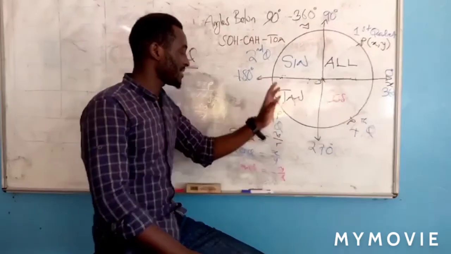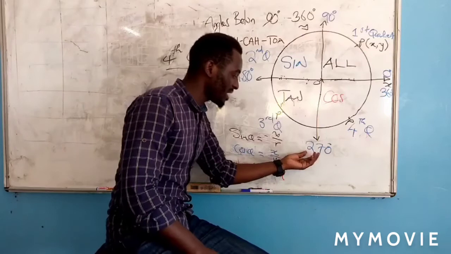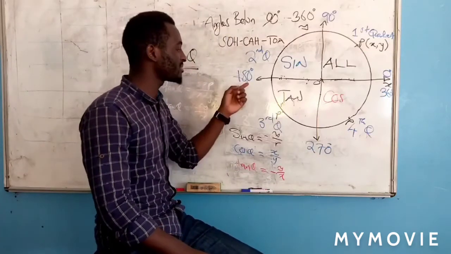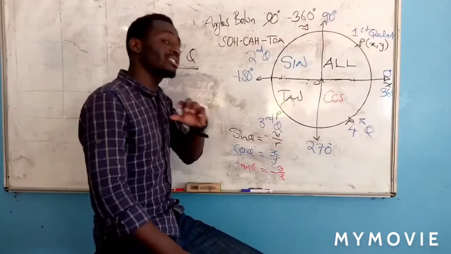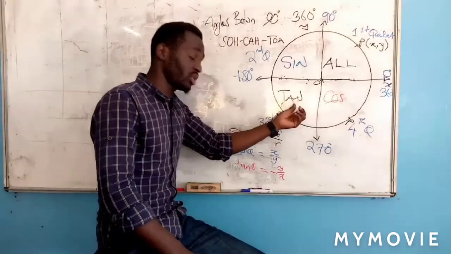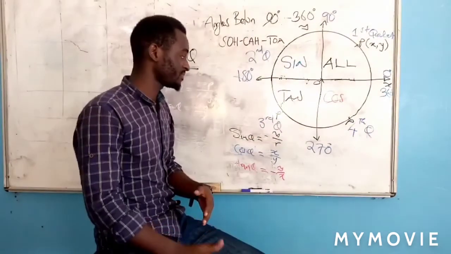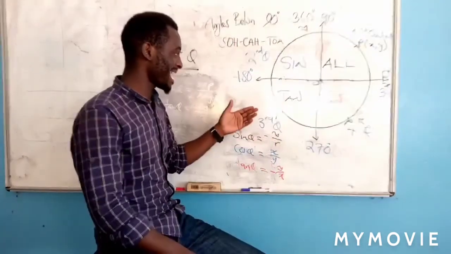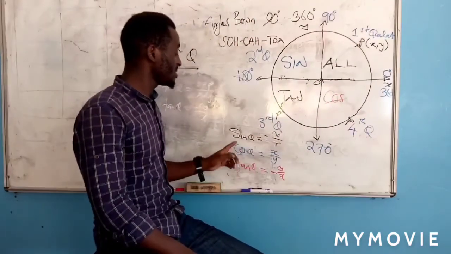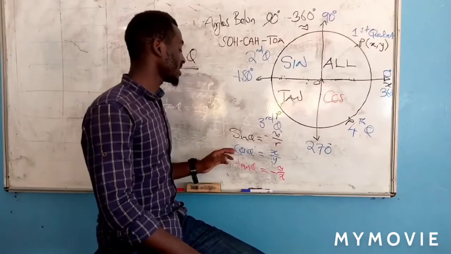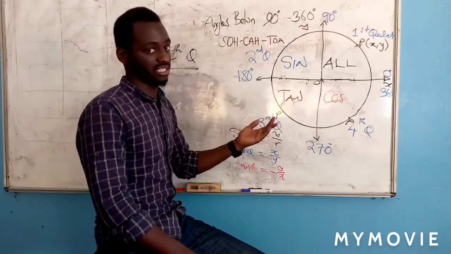And in the third quadrant, any angle falling between 180 and 270 degrees, if you punch it using tan on your calculator, the answer turns out to be positive. But if you punch any angle between 180 and 270 degrees using sine and cosine, you will get a negative.